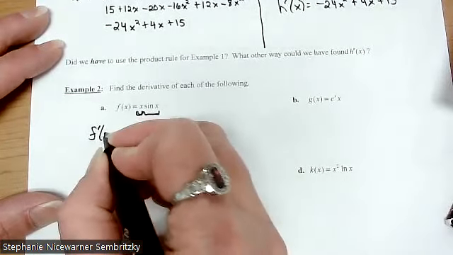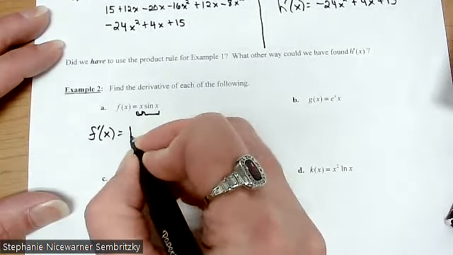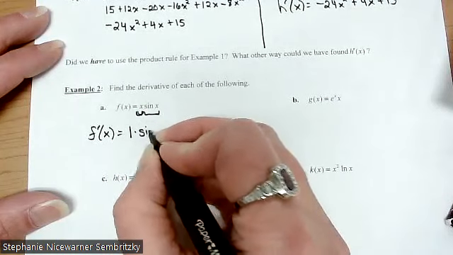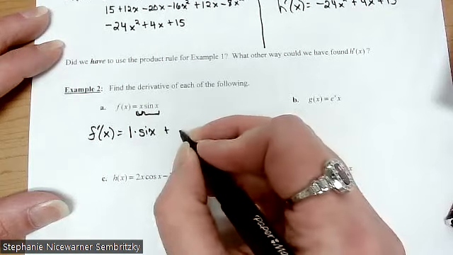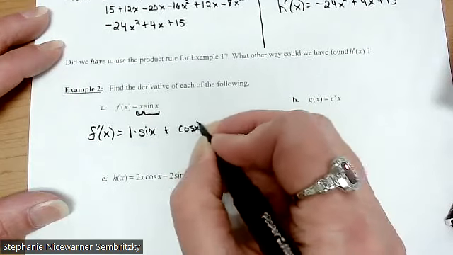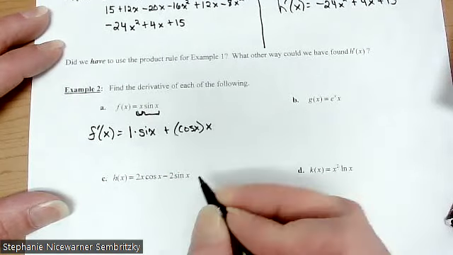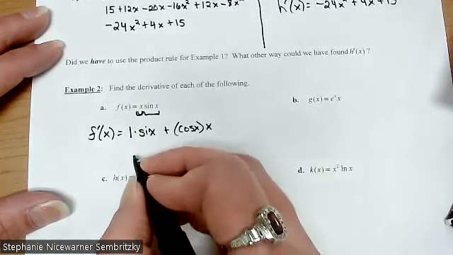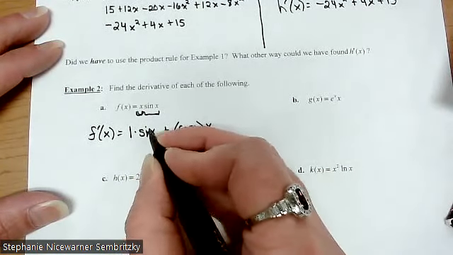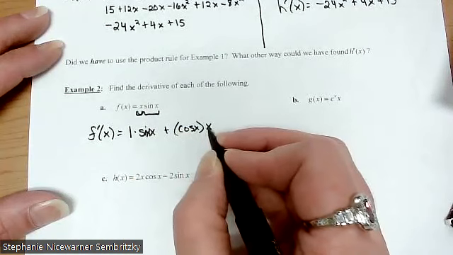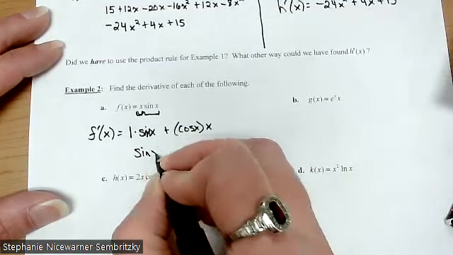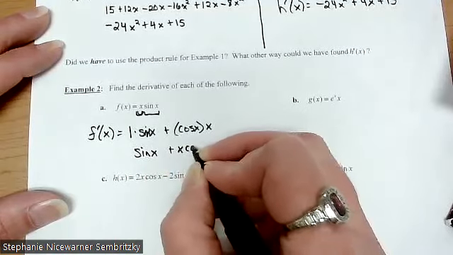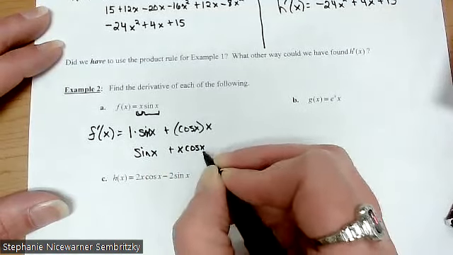So the derivative of the first would be 1 times the second unchanged, plus the derivative of the second, well, that's cosine x, times the first. Now, I don't like leaving it like that because, oops, that should be sine x. Some people might think that's x times x there. So I would write it with that x in front of the cosine, so people know it's x times cosine x.